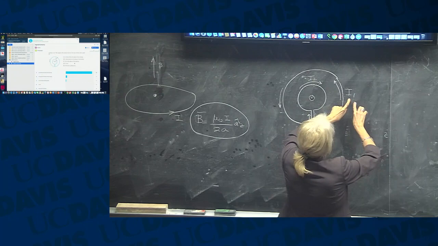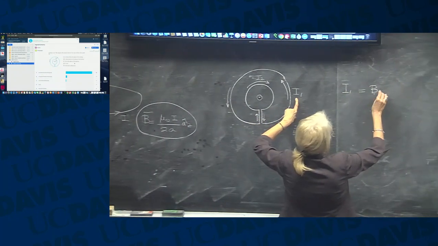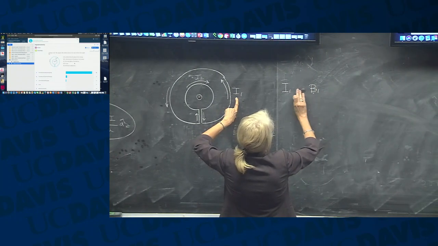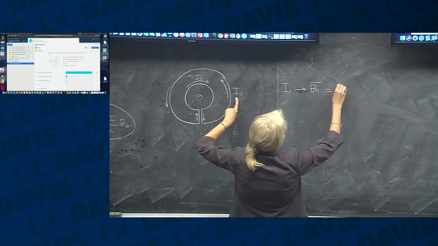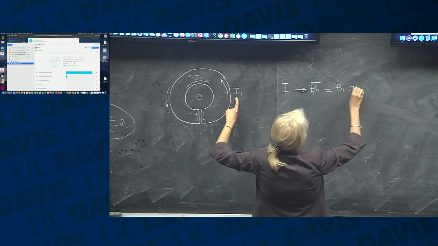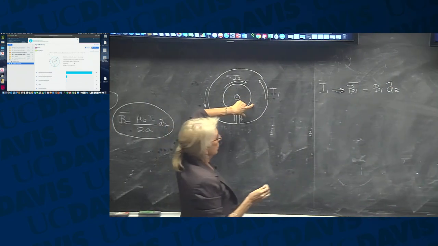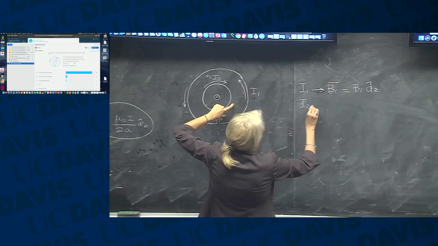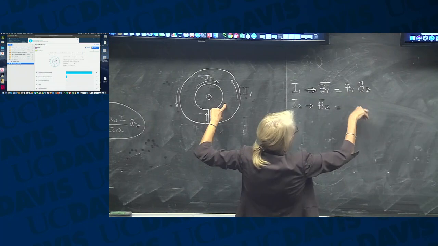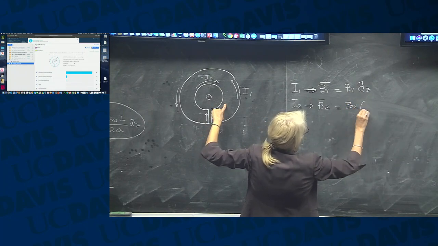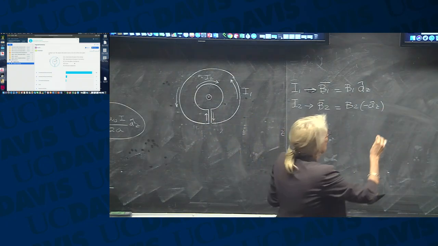I1 is going to create a B1, which is along which direction? Positive Z. I2 goes the opposite direction, so I2 will create a B2 that goes along the negative Z. Now, how much are B1 and B2?